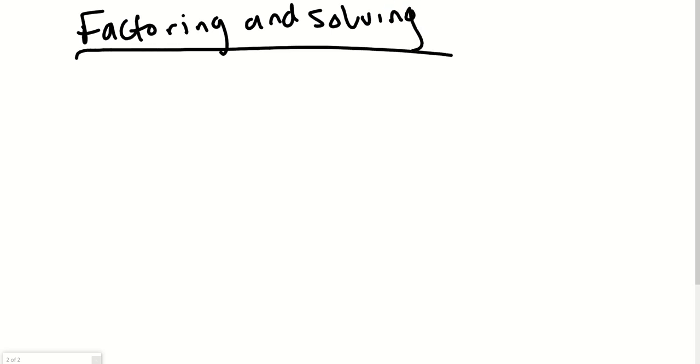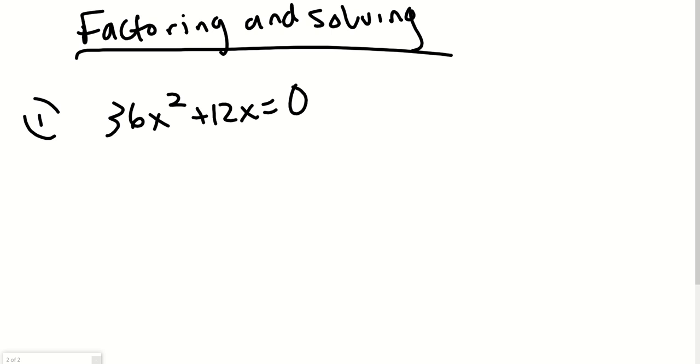So let's do one of the checkup questions for 11.1. Let's do number 1, or checkup 1 if you haven't done so. So you have 36x squared plus 12x equals 0. Well, if you look at this, if you remember something we've done before in class, they share an x in each term, and the greatest common factor between both is 12.